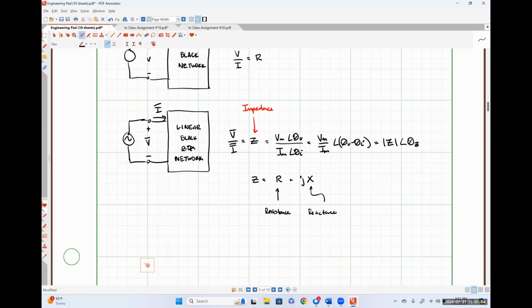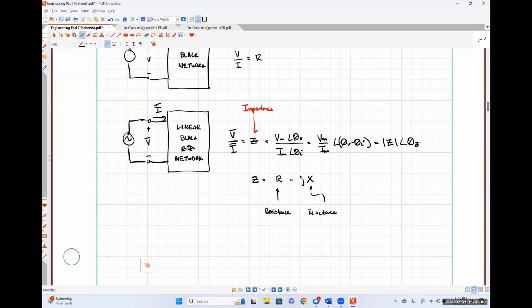More often than not, impedances are expressed in rectangular form. There's nothing stopping us from expressing them in polar form, but more often than not, impedance is expressed in rectangular form. Voltages and currents are usually expressed in polar form. So I'm very thankful that our calculators are able to handle both polar and rectangular forms, because we're going to wind up using a mix of both representations in order to do our circuit analysis.